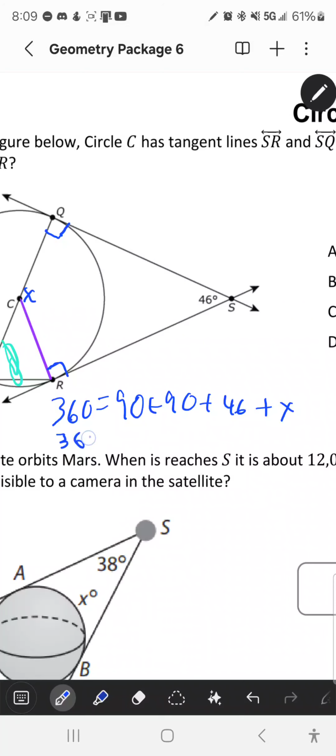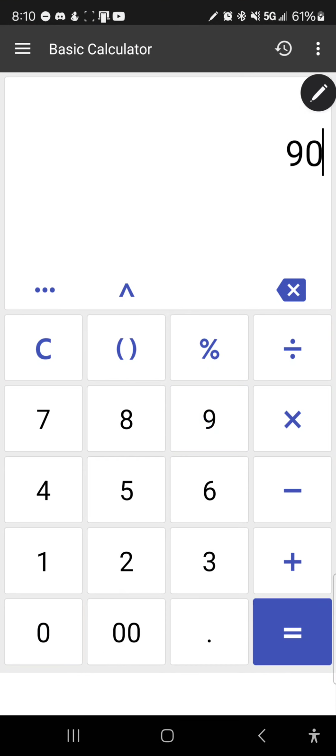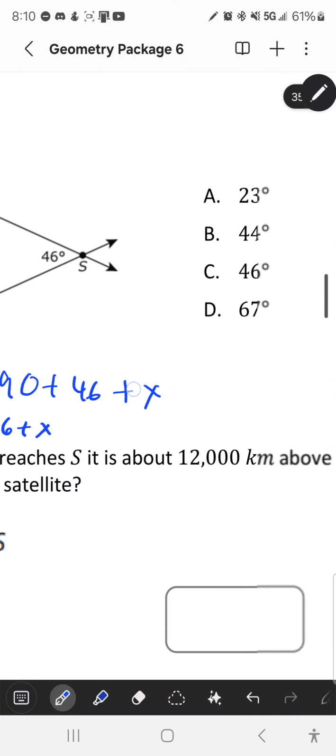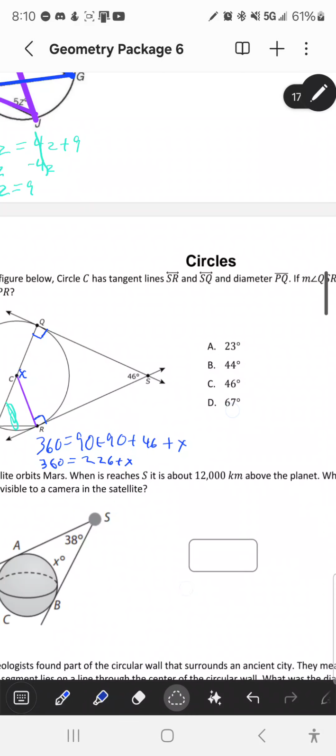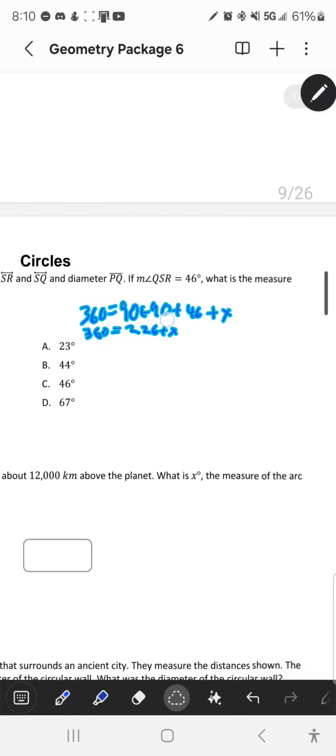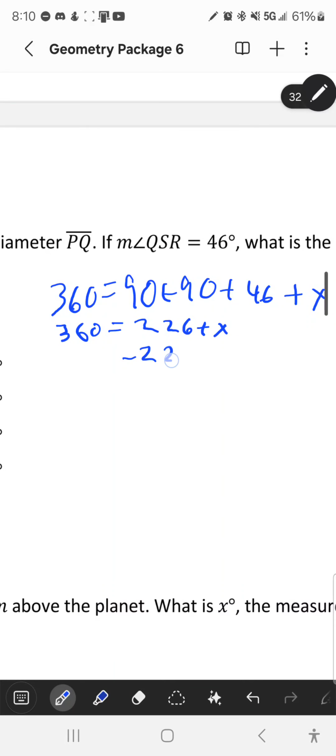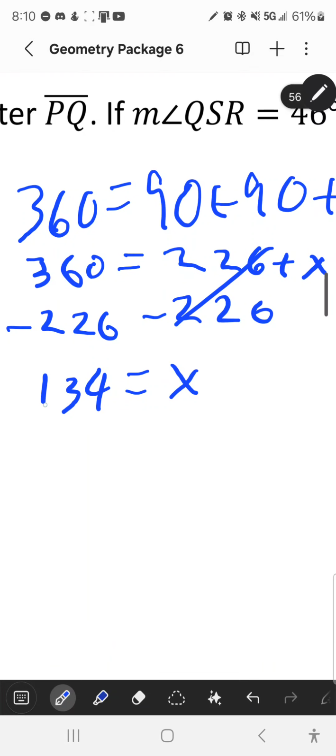So 360 equals 226 plus x. Let me just make sure about that. So 90 plus 46, yes. I can subtract 226 from both sides. So this cancels out. And here we have x equal 134.